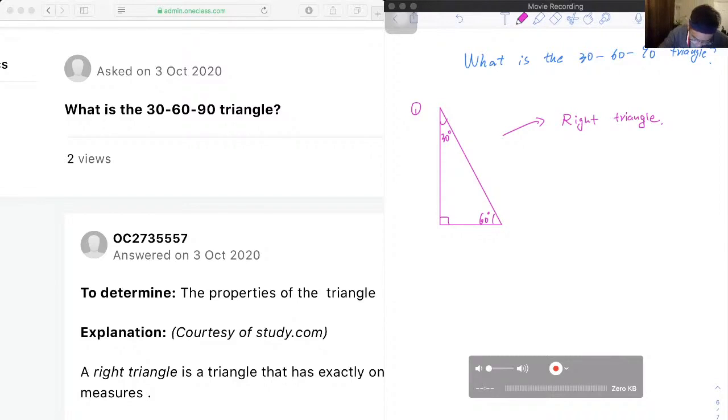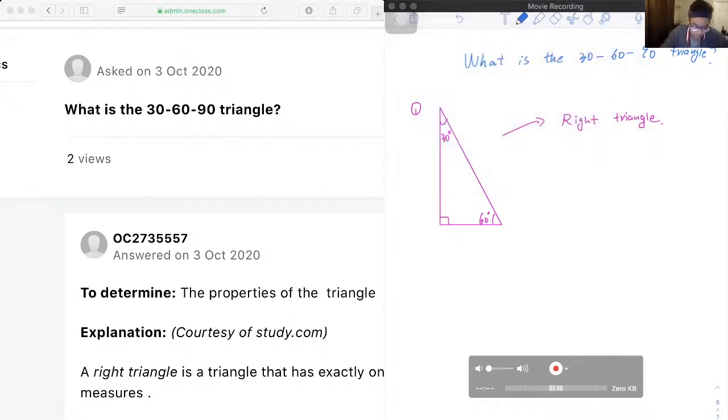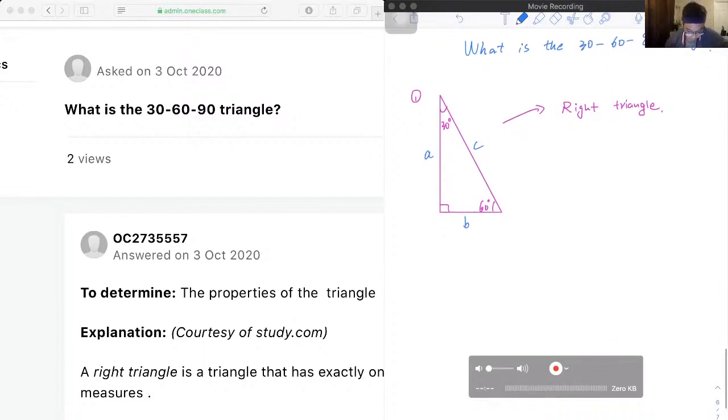Because we have a triangle, there are three sides, which let me call A, B, and C. And I'll just mark a 90-degree angle here.